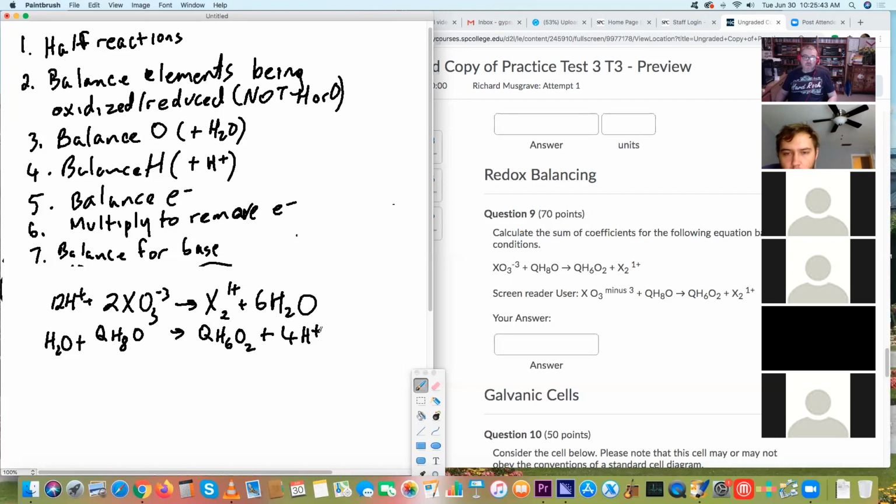So what's the difference between plus 6 and plus 1? Just 5. So then that'll go on the side that has a higher charge. And there we go. Now the bottom one's fairly easy. That's just going to be 4 electrons because there's nothing on that side. There's plus 4 on this side. So we need 4 electrons on that side. Any questions?